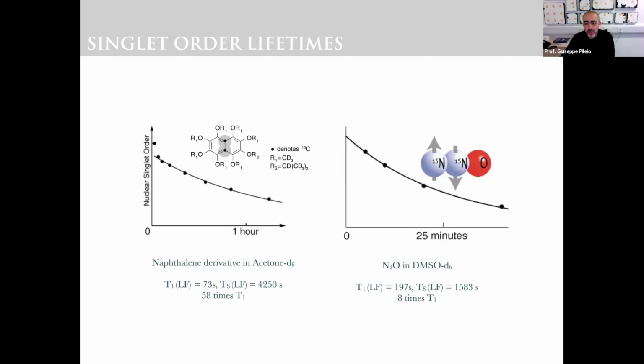Another interesting example is N2O. In this case, it is 15N labeled, where we have a lifetime of 3 minutes for the longitudinal magnetization, but about half an hour for the lifetime of the long-lived spin states.